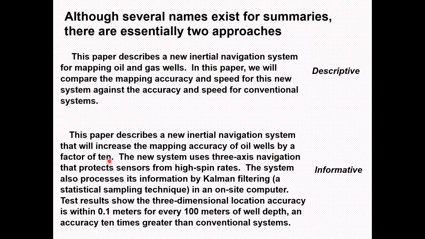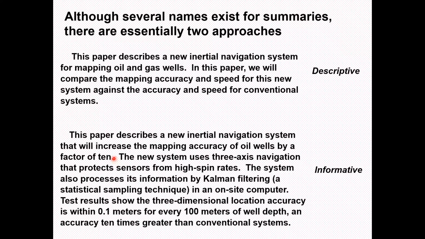So here you can see that even in the first line we have provided information. Here it's only a description about the gas wells. But here we have provided the information as well, that is, the mapping accuracy of oil wells will increase by a factor of 10.